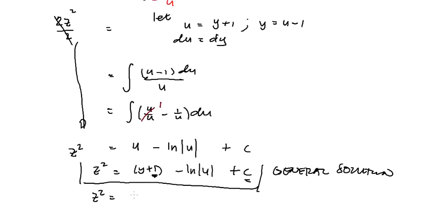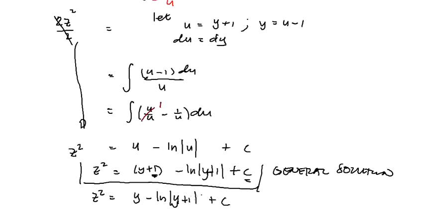So we have z squared is equal to y minus ln of absolute value of y plus 1 plus c.